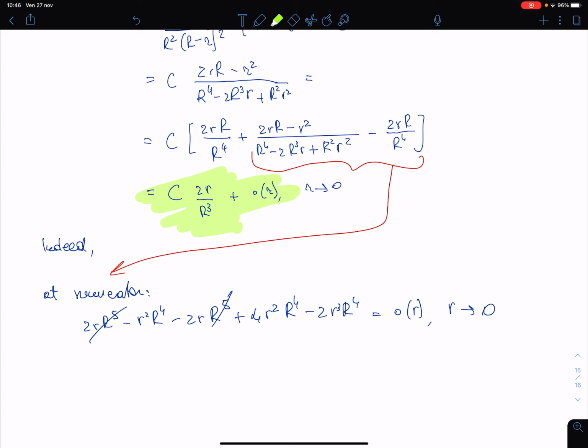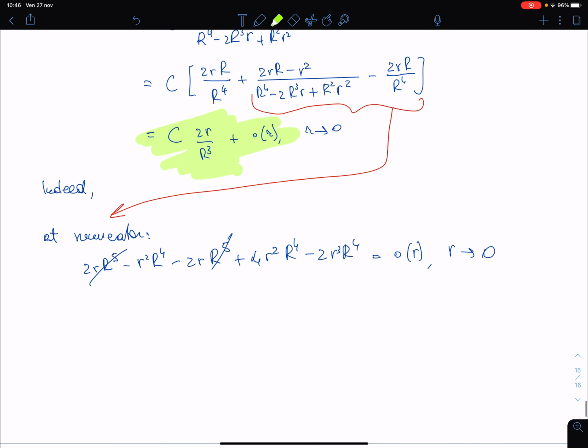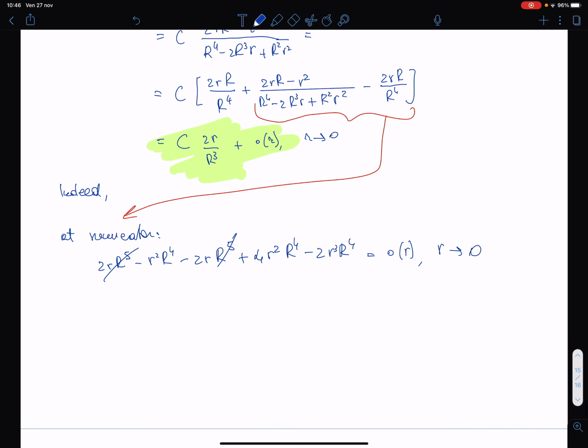So we learn a very interesting fact here from the point of view of my modelization. The first is that the tidal force is proportional, or equivalent, we say it goes like 1 over r cube.